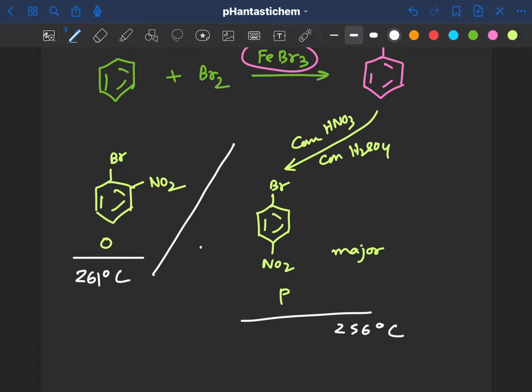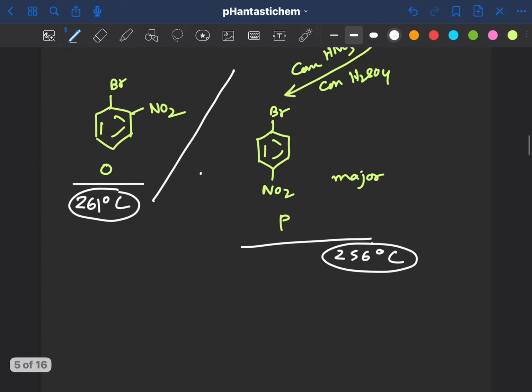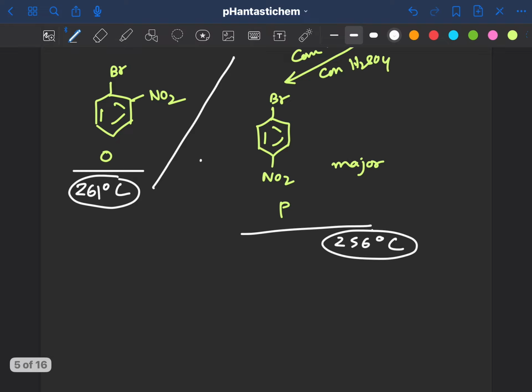That's a different thing, but they are very near to each other. So therefore we cannot use simple distillation. If you remember, simple distillation is for those which have a huge difference in their boiling point. One of them can become a vapor, and then we can condense it and collect it in another test tube. So simple distillation is used only when there is a huge difference in boiling point. Remember that. So A cannot be the answer.